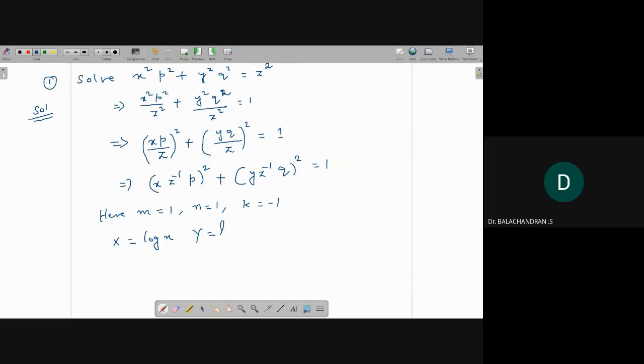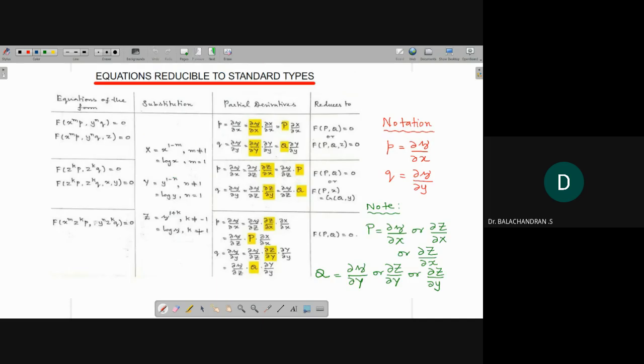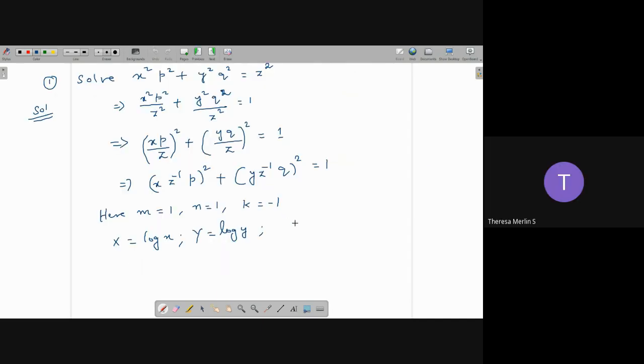And when k equal to minus 1, capital Z equal to log small z.